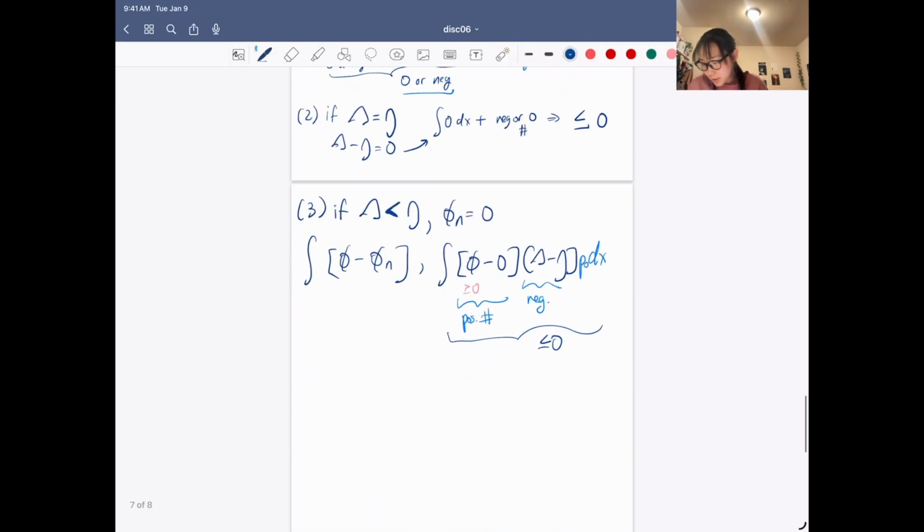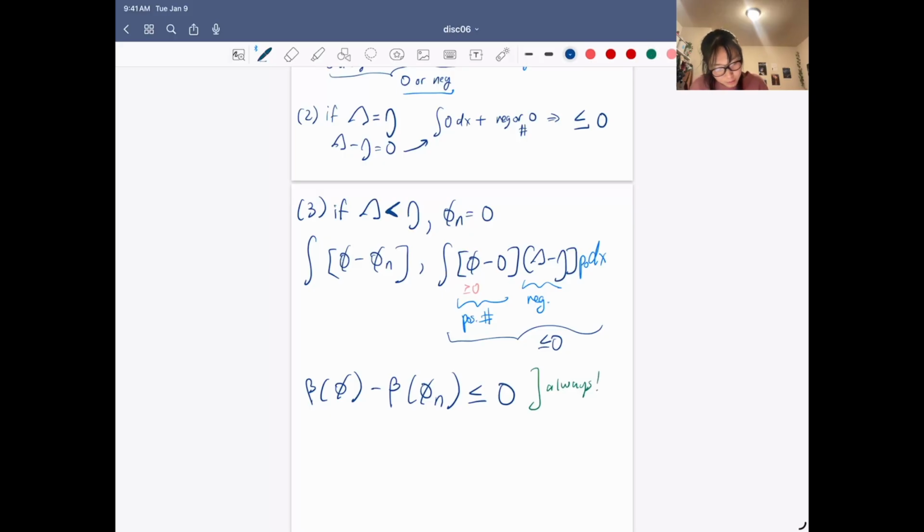And so basically we've shown that no matter what our beta, which is our power, is, this equation holds always.